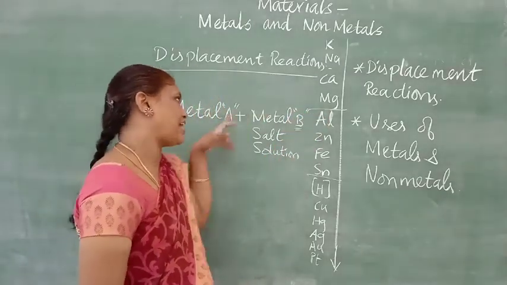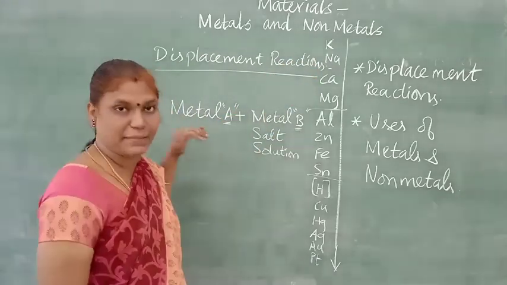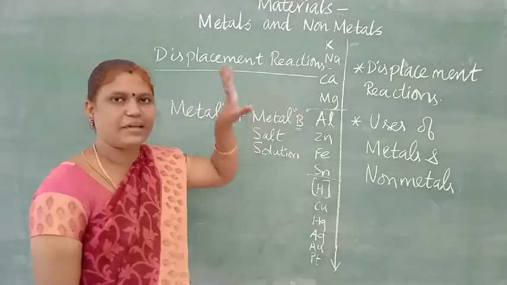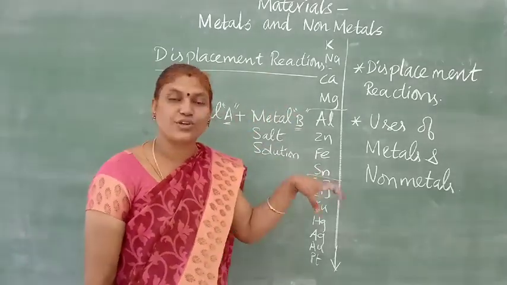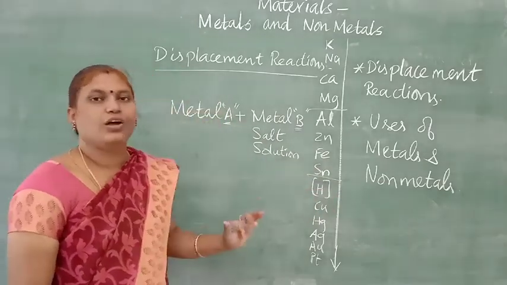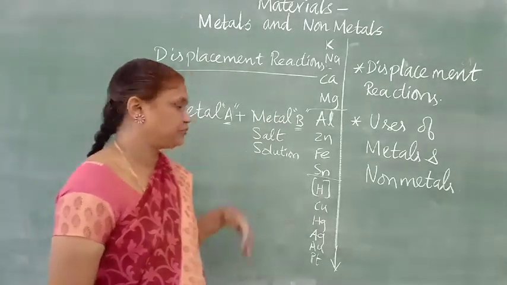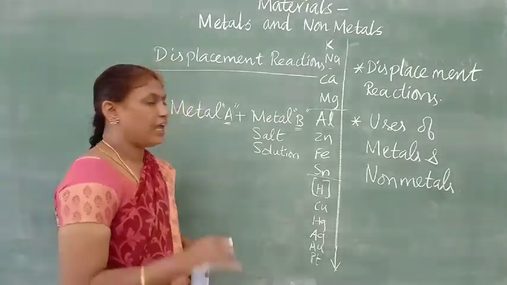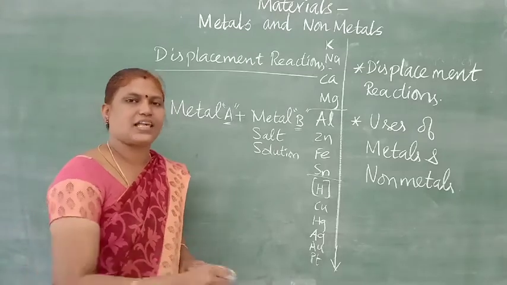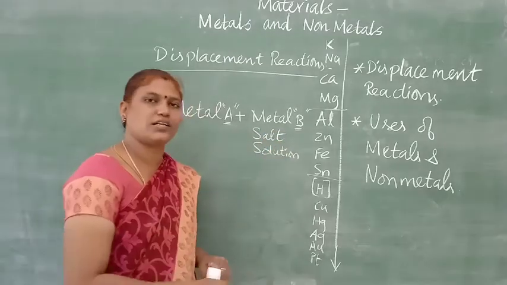So potassium is high reactive, but sodium is less reactive. I should choose a metal which is high reactive at the first place or second place, only metal. But the salt solution I am choosing should be less reactive than the metal A, so that it can displace. So what is displacement reaction is, a high reactive metal can displace or replace a metal B from its salt solution.